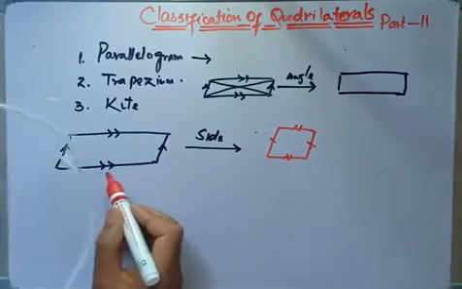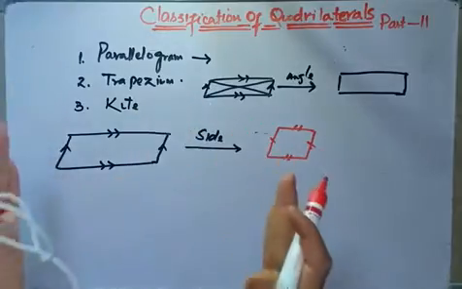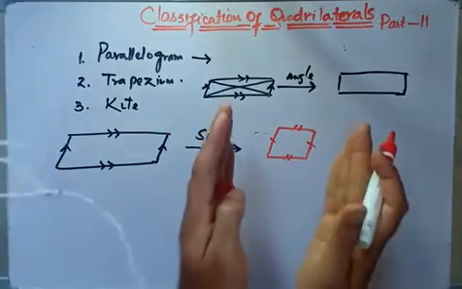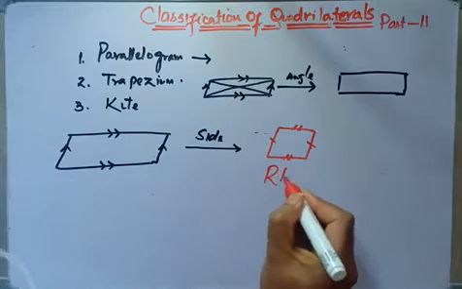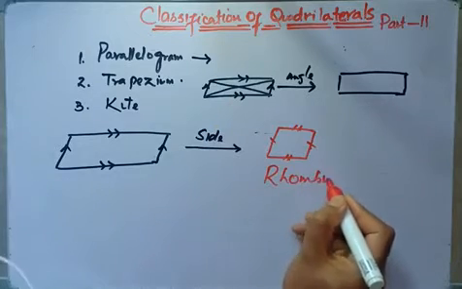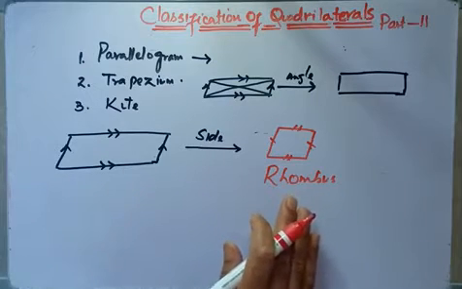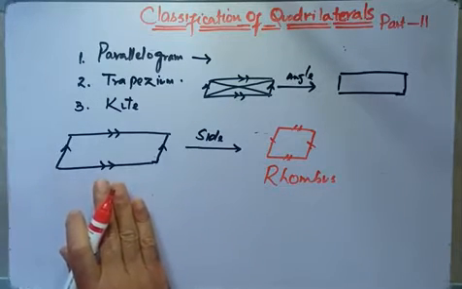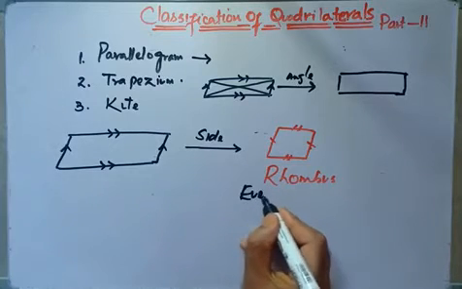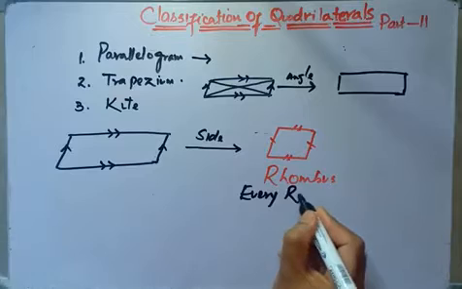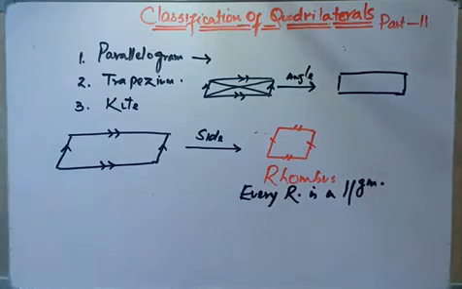So I modified the parallelogram by pushing it towards the inner side, and I got a different type of quadrilateral, what is called a rhombus. We get it from the parallelogram, so we can say that every rhombus is a parallelogram.